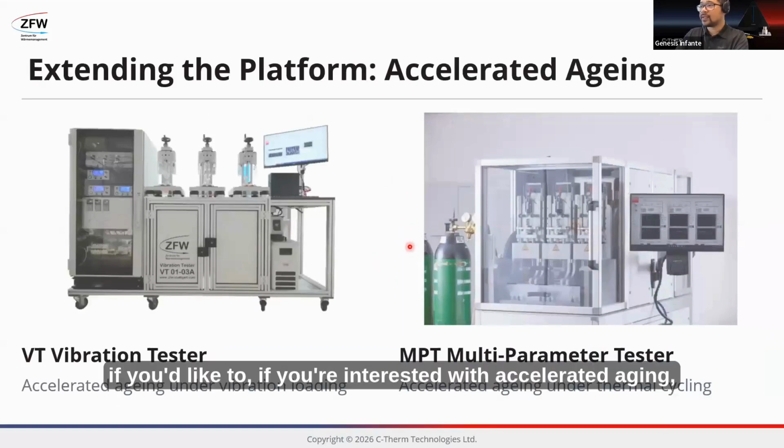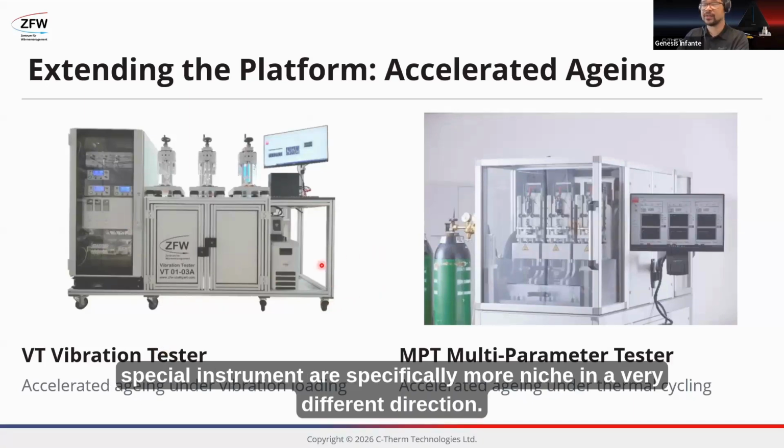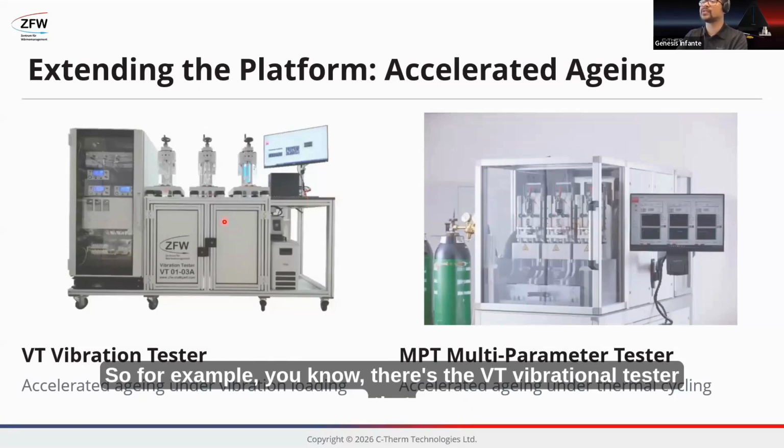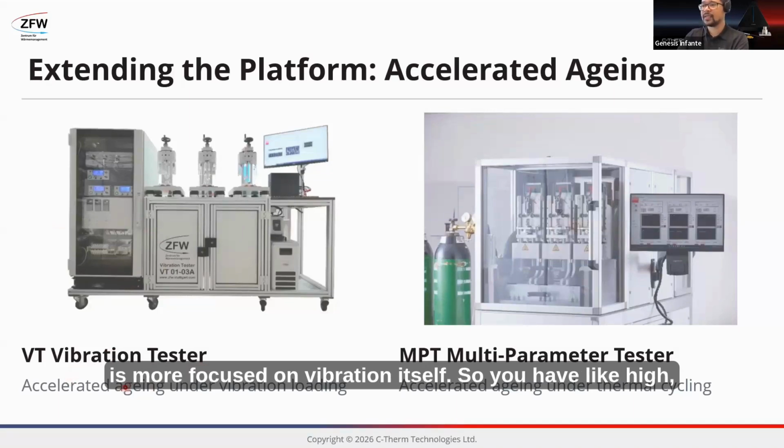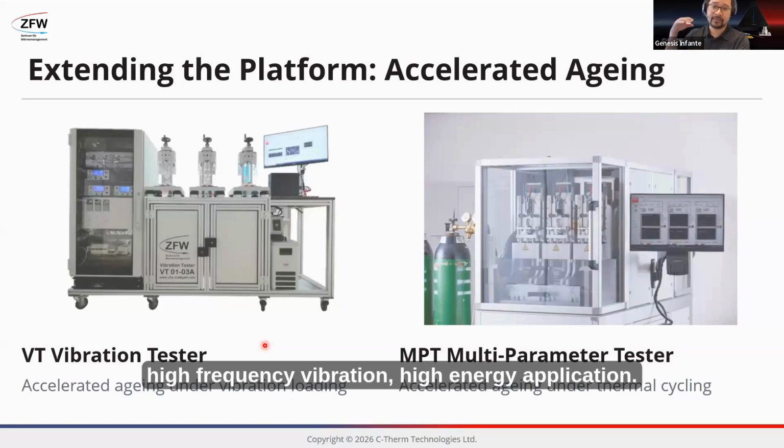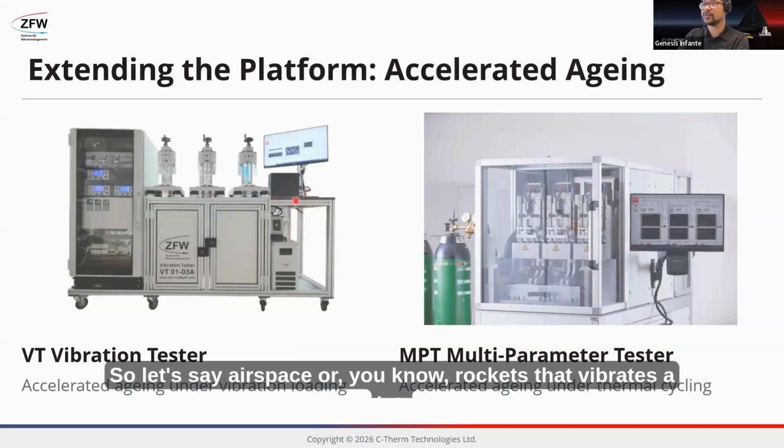And of course, if you're interested in accelerated aging, for example, we have other special instruments that are more niche in a very different direction. For example, there's the VT vibrational tester that is focused on vibration itself. So you have high frequency vibration, high energy applications, let's say aerospace or rockets that vibrate a lot.